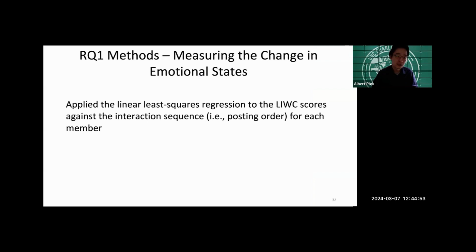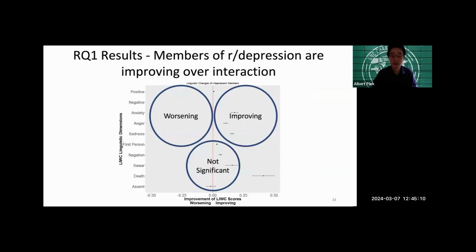Then I applied linear least squares regression to the LIWC scores against each interaction sequence for each member. I didn't use time because I was more interested in the impact of each interaction rather than time. Then I compared this to the null hypothesis, which is that prolonged participation in an online depression community has no impact on the emotional states of members.